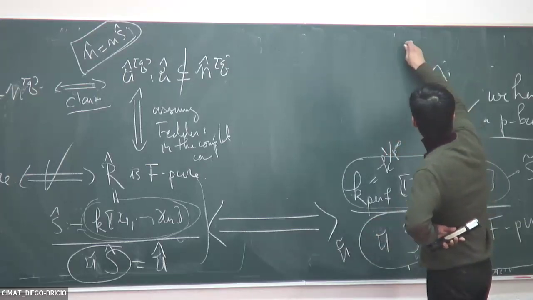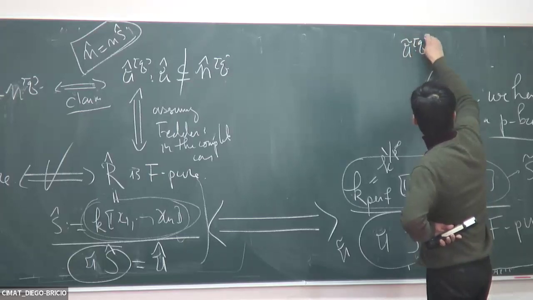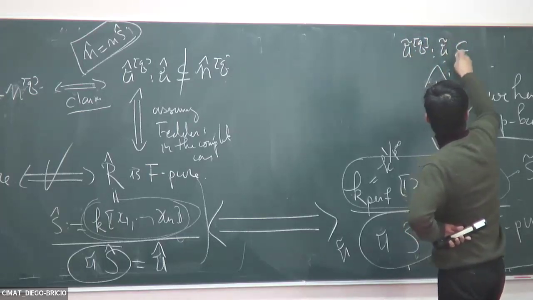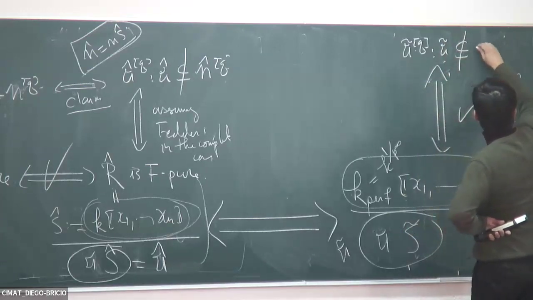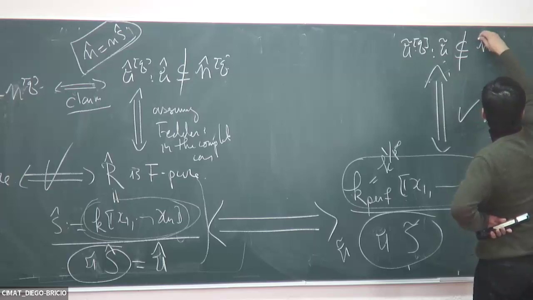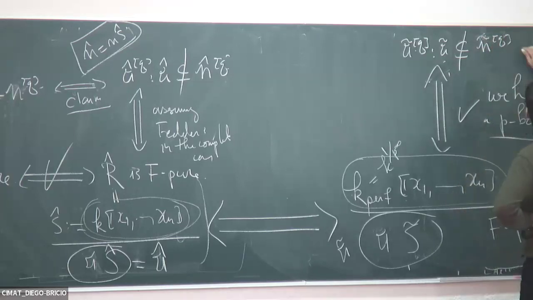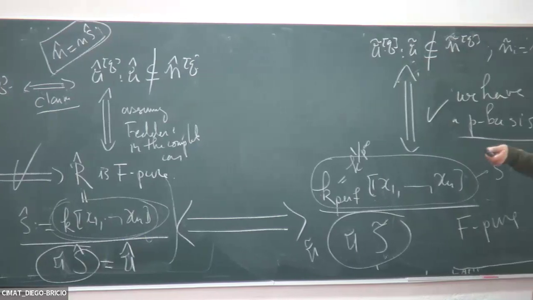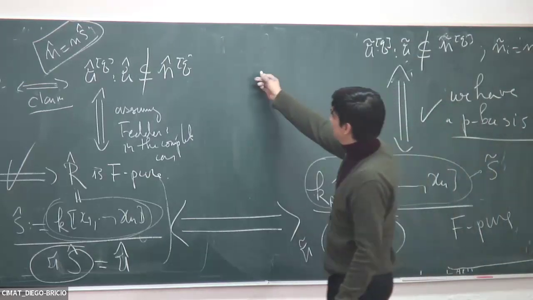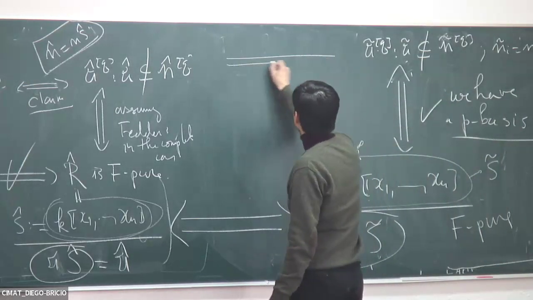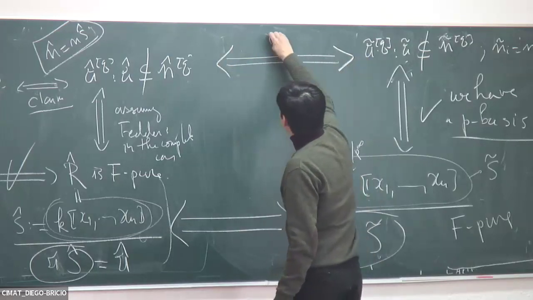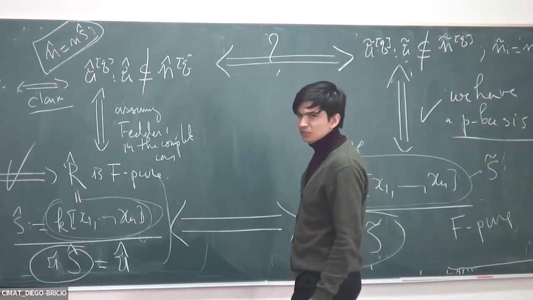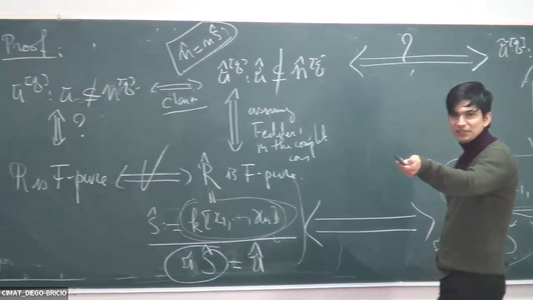So this would be equivalent to a tilde to the q, and now what I'm going to call n tilde to the q, where, as you expect, n tilde is just n extended to S tilde. Right? So the question is whether or not these two things are equivalent, which actually is the exact same question.